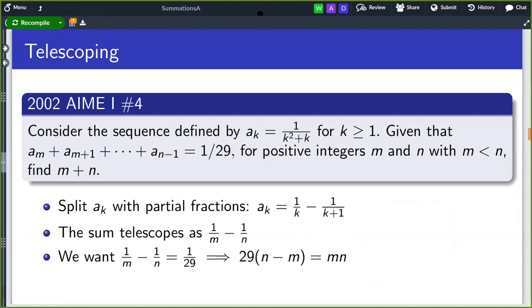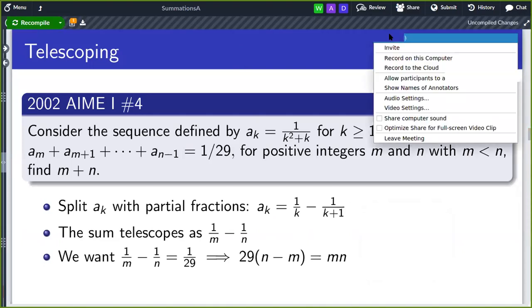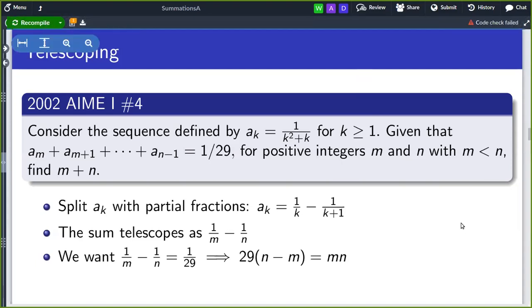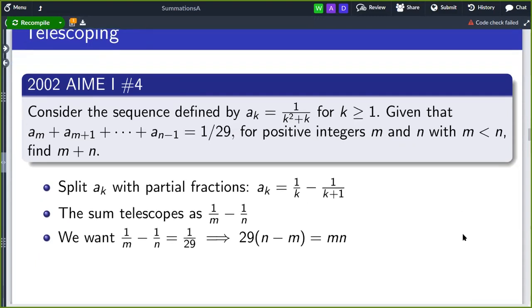So once you get this expression, we can factor it using Simon's Favorite Factoring Trick. What that gives is 29 minus m times 29 plus n is equal to 841.